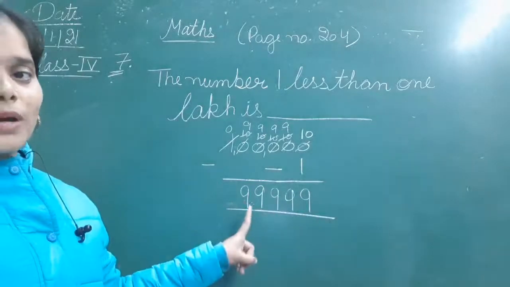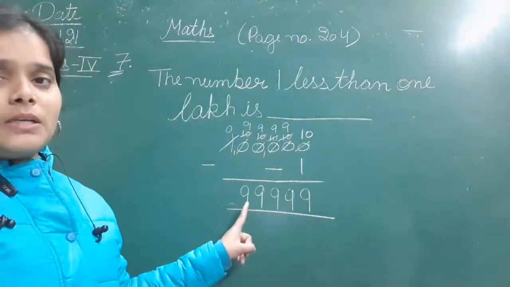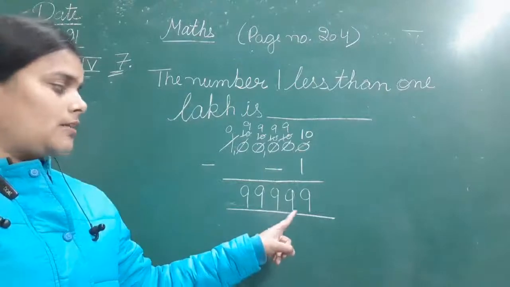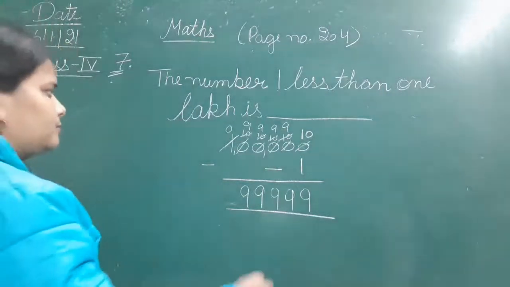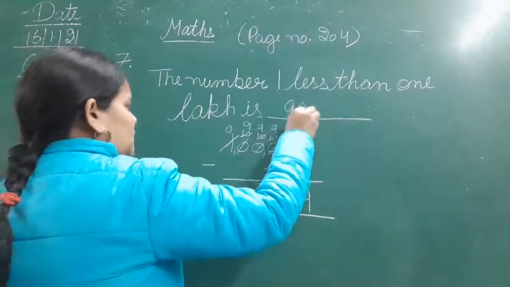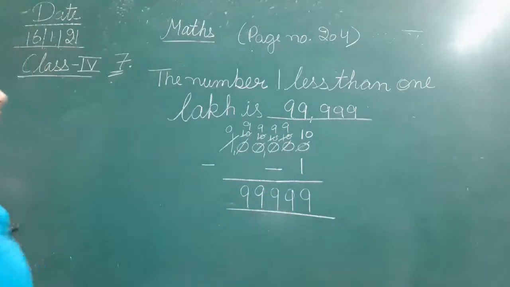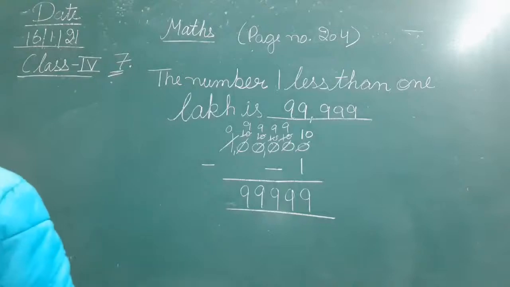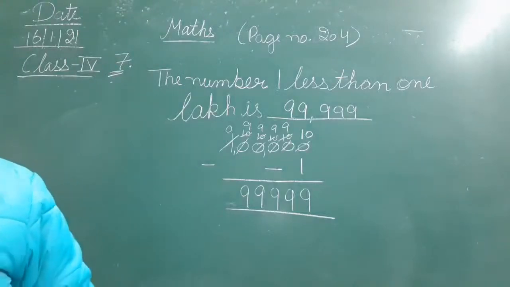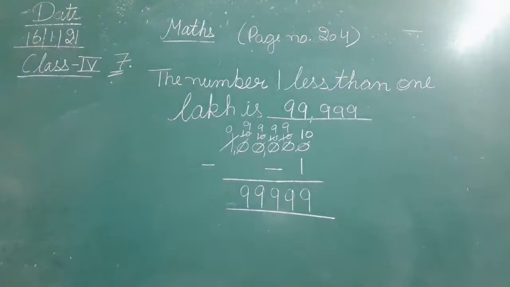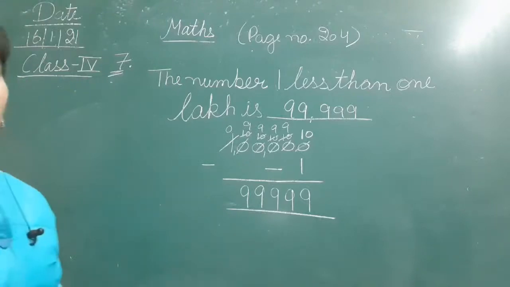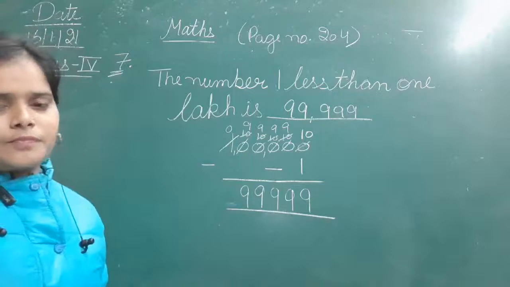So if we subtract 1 from 1 lakh, the answer will be 99,999. Clear? You can pause it here and note it in your notebooks.